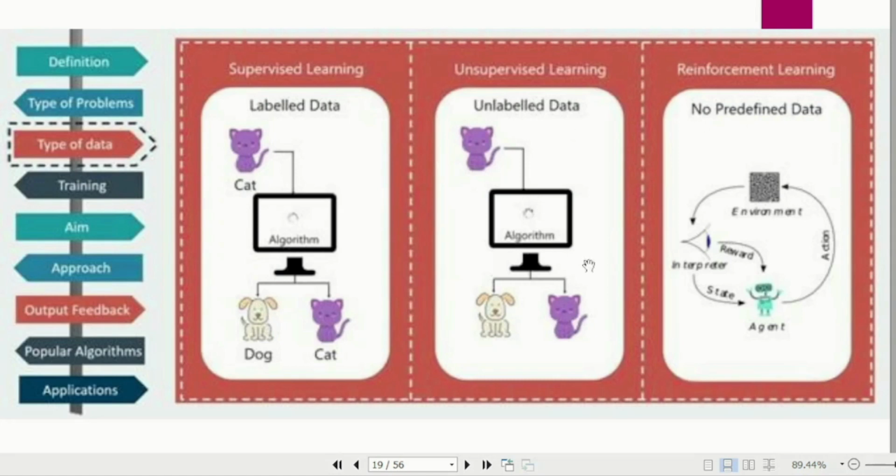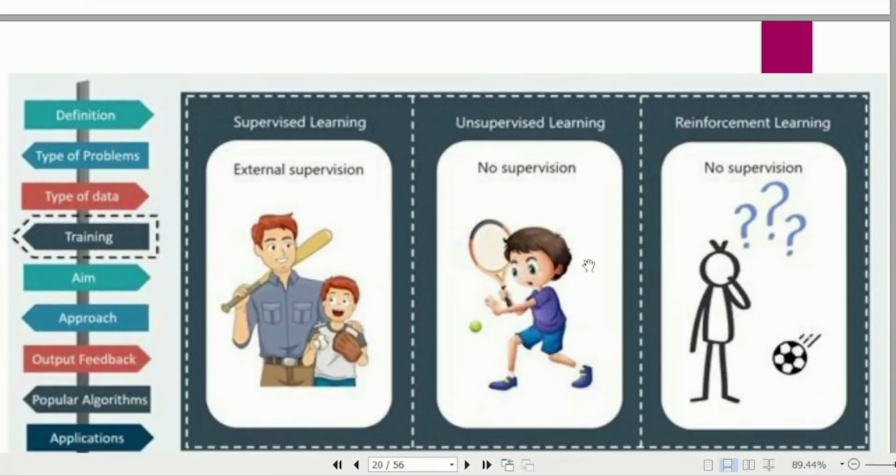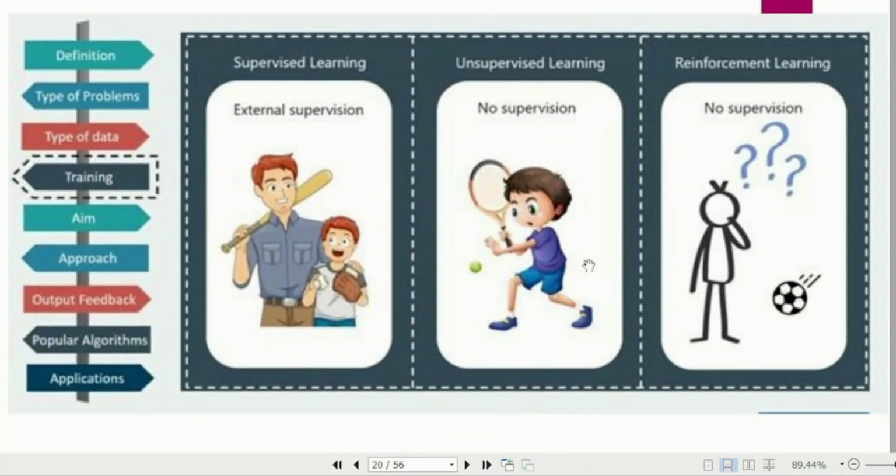Moving forward to the training, how they are trained. Basically, in supervised learning, there is external supervision. As we have talked about, the teacher is the external supervisor in supervised learning. The output and the input are already known in supervised learning.